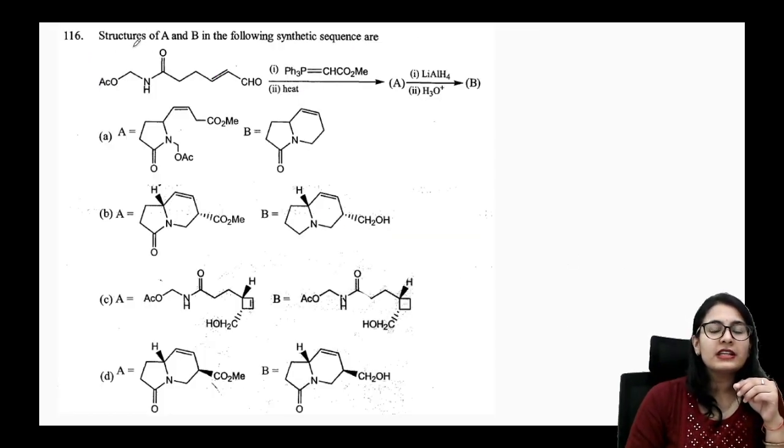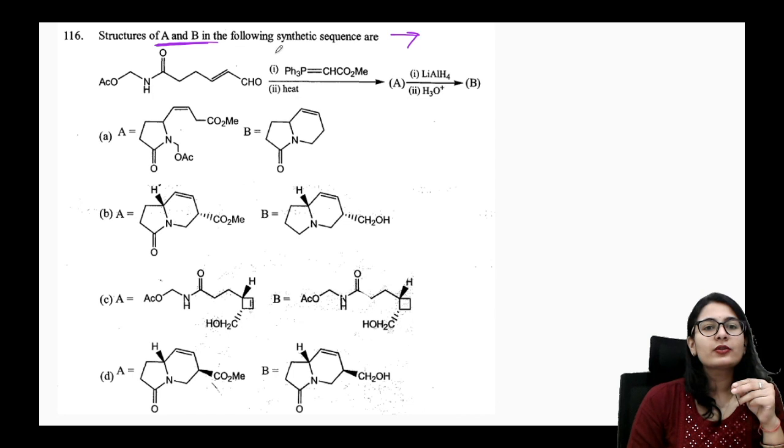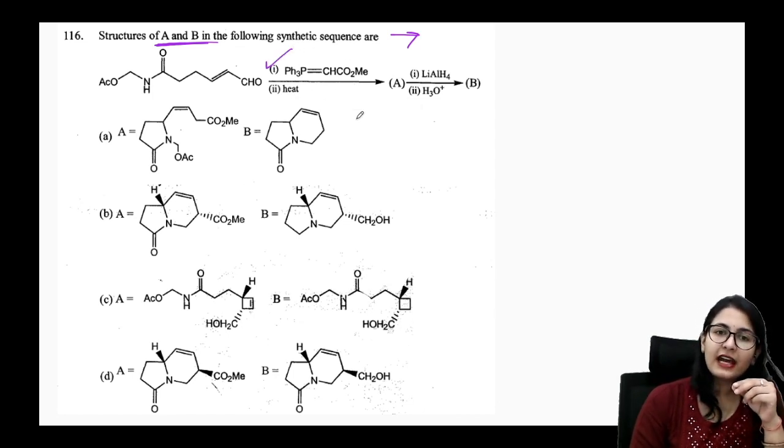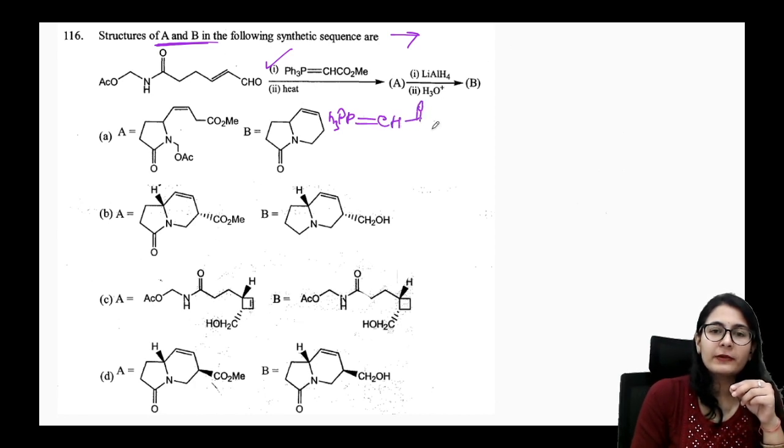The next question that you see, June 2015: the structures of A and B in the following synthetic sequence are. So the first reagent is an ylide, and what kind of ylide is this? Ph3P double bond CH-CO2Me. So this is a stable ylide, isn't it?